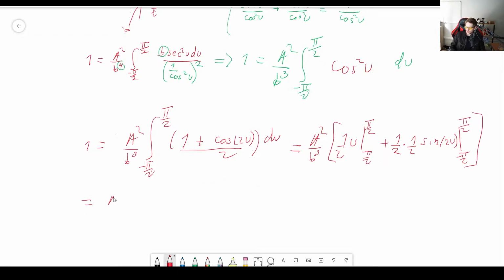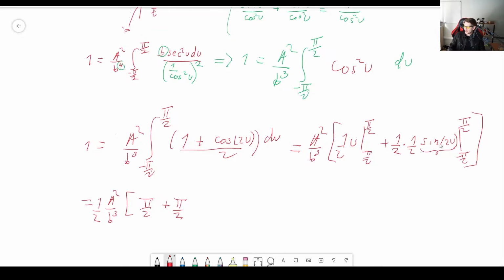Okay, so this is a squared over b cubed. And then we can actually factor out 1/2. What else do we have then? Then u between pi over 2 and minus pi over 2. This is pi over 2 minus minus pi over 2, so we get plus pi over 2. And then we get sine of 2u. But what is sine of 2u? This is going to be sine of 2 times pi over 2, so sine of pi, which is 0.